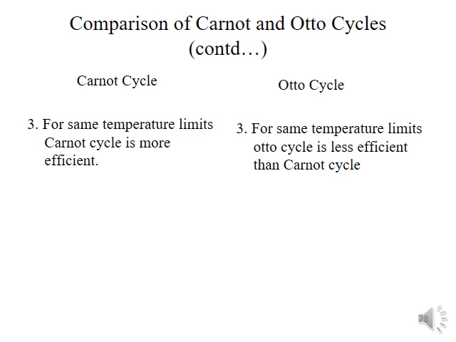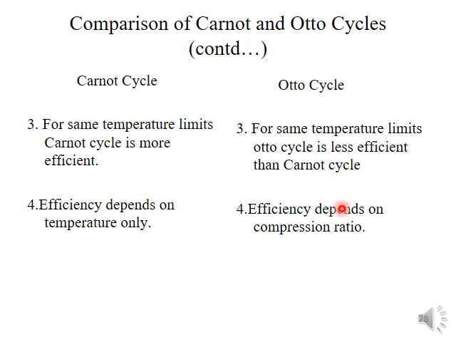And we also solved one problem using the same temperature limits for both cycles. We got that the efficiency of the Carnot cycle is more than that of the Otto cycle. The Carnot efficiency depends only on temperature, whereas the Otto efficiency depends upon the compression ratio. As the compression ratio increases, the efficiency of the Otto cycle also increases.